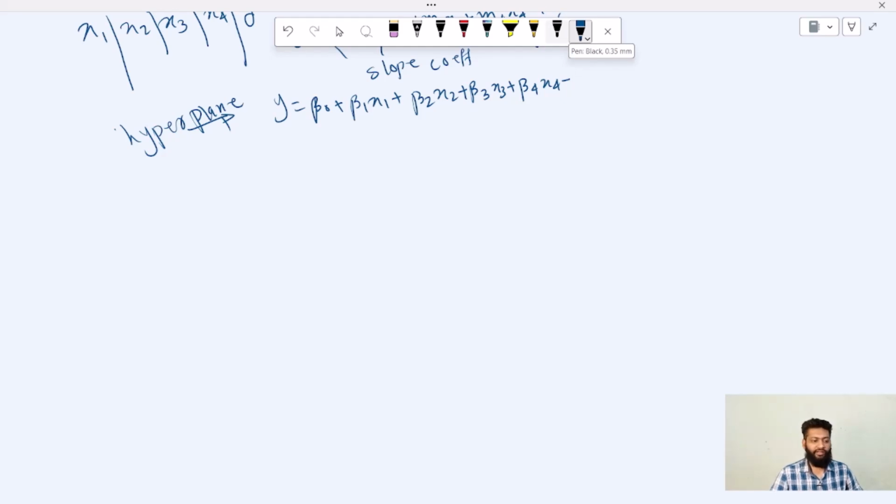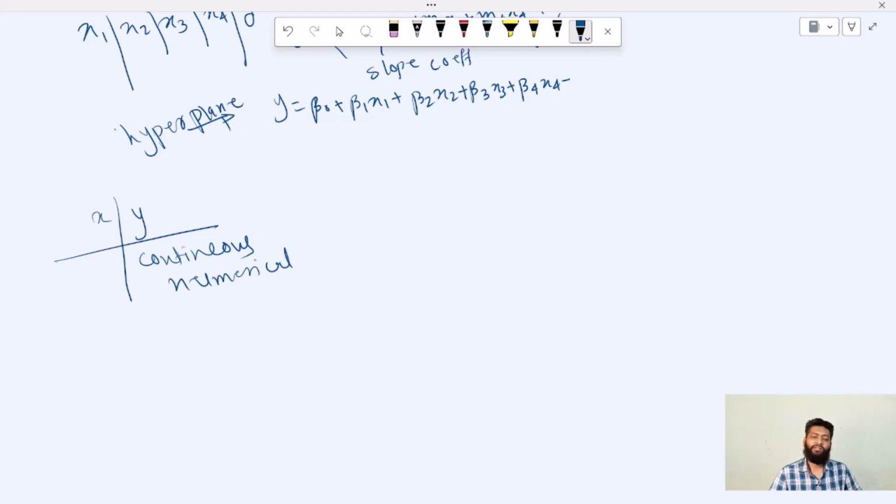Now in linear regression, we have a dependent variable y and independent variable x. The nature of y will always be continuous numerical in nature, whereas the nature of x can be categorical or discrete or continuous.